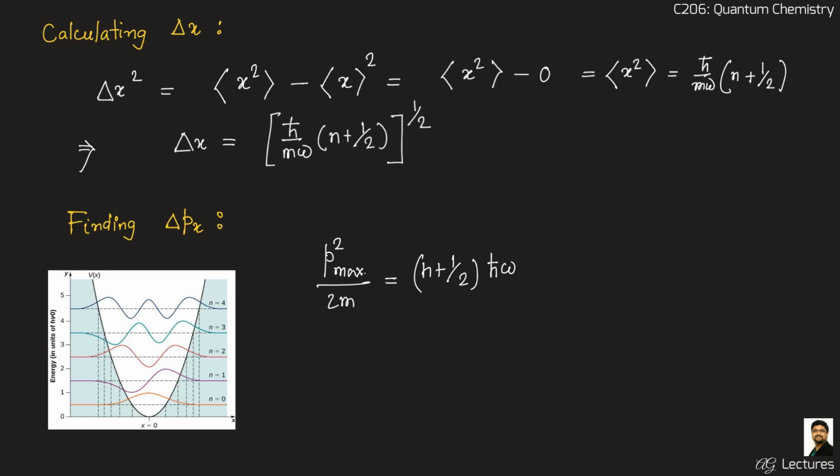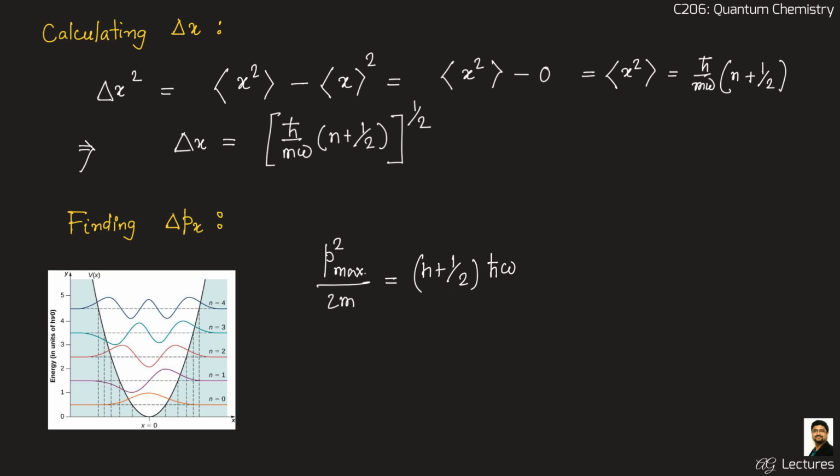So when this particle is moving through exactly x = 0, the entire energy is kinetic energy, because the potential energy drops to 0. Therefore the maximum p that you can get is when this p²/2m, the kinetic energy term, is equated to the total energy of the oscillator, exactly the same way that we have done for the potential energy.